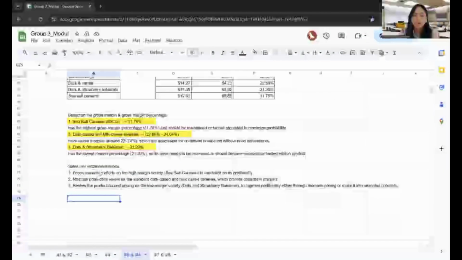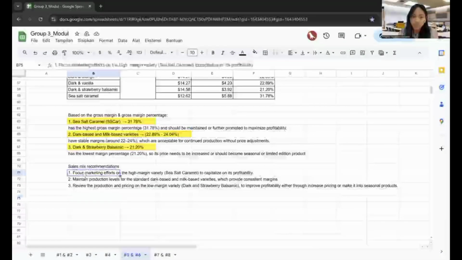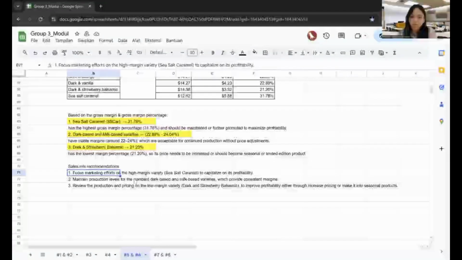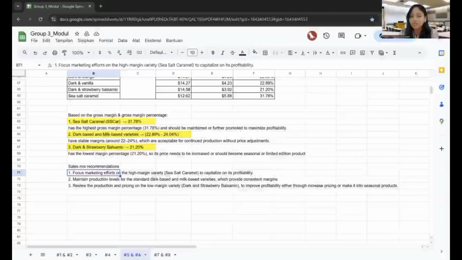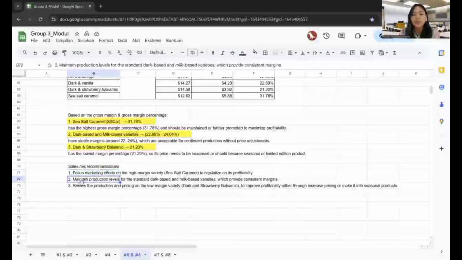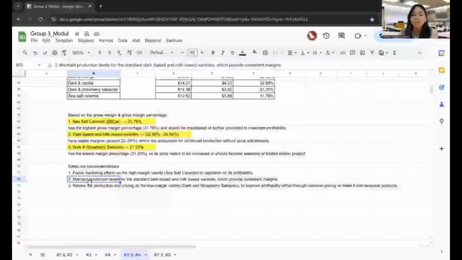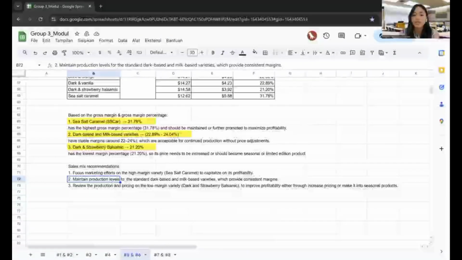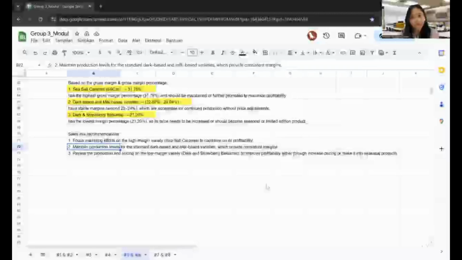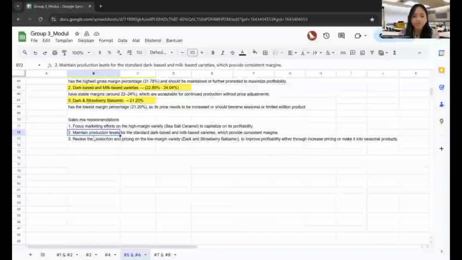And for the sales mix, I would recommend, the first one, to focus marketing efforts on the high margin variety, which is the sea salt caramel, because it has 31%. And the second one, the company should maintain production levels for the standard margin varieties, which are the dark base and the milk base, to provide more goods.